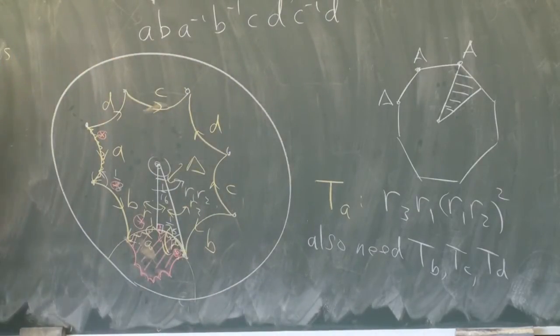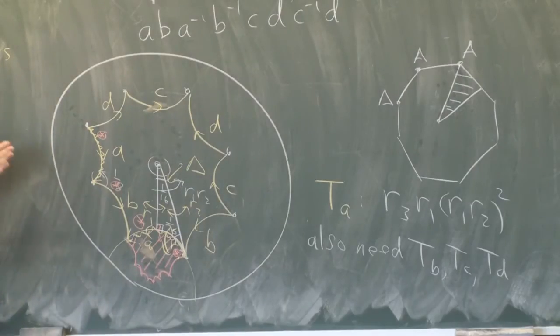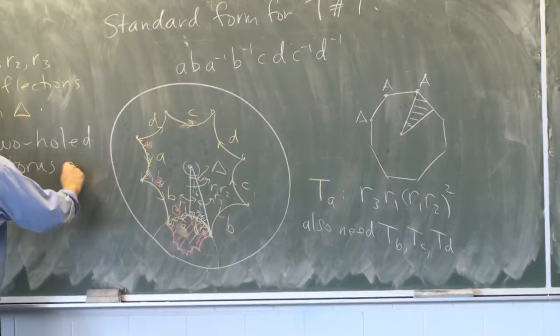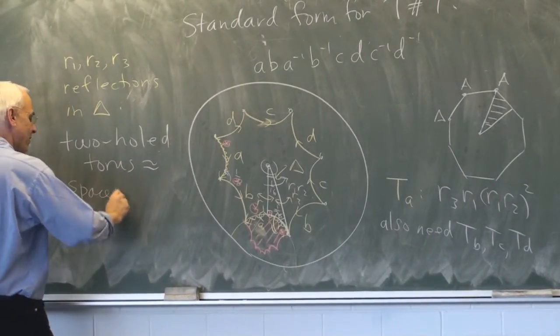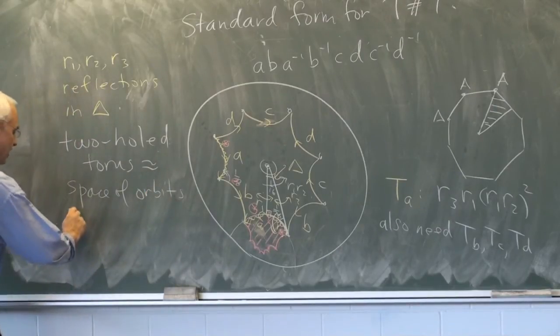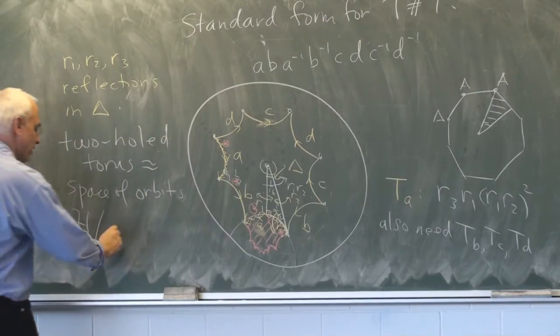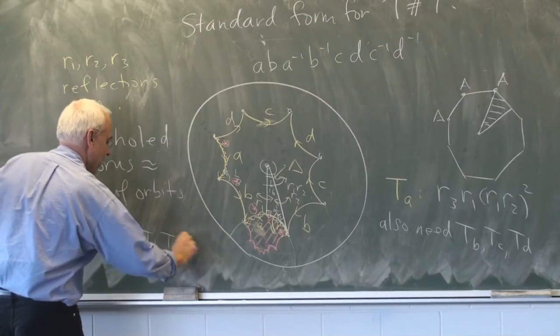So the story is that the two-hole torus then can be thought of as the space of orbits. So the two-hole torus then has an incarnation as the space of orbits H mod the group generated by TA, TB, TC, and TD.